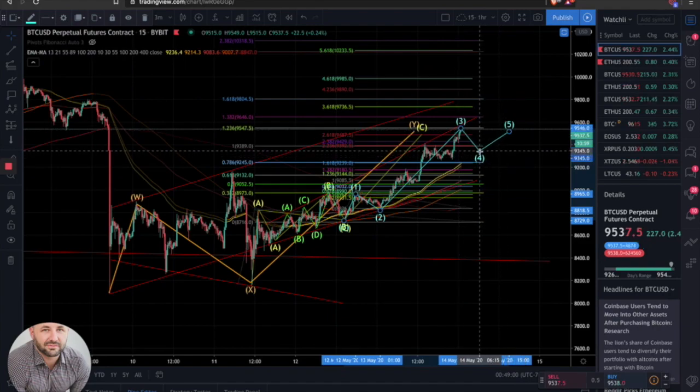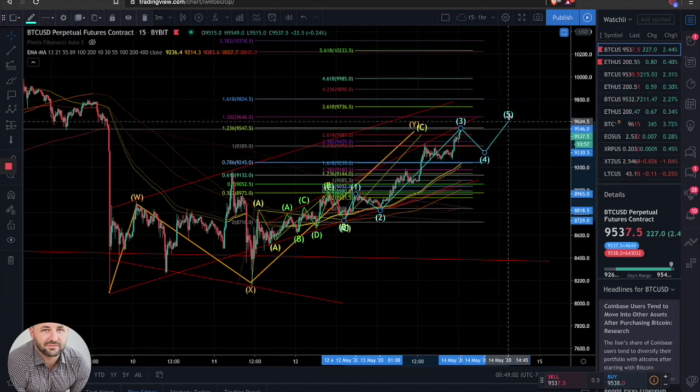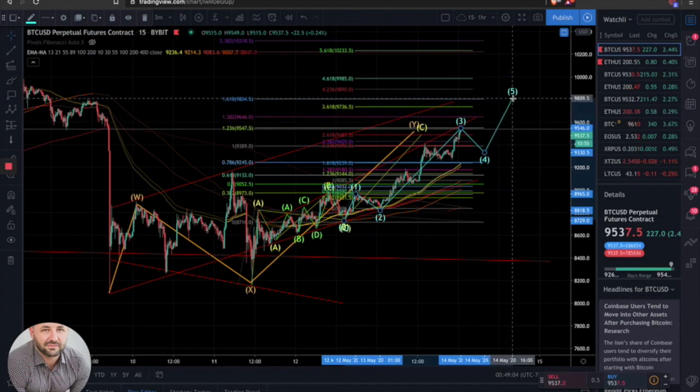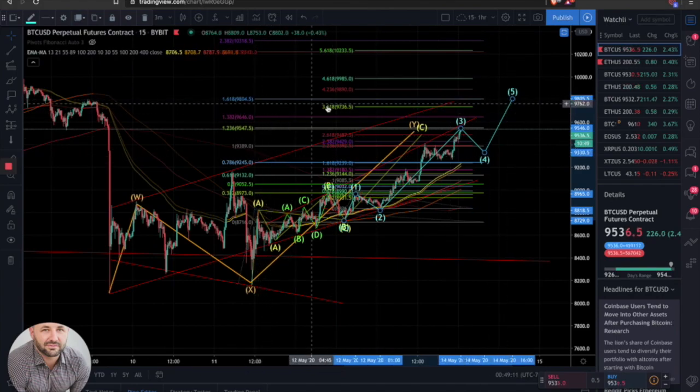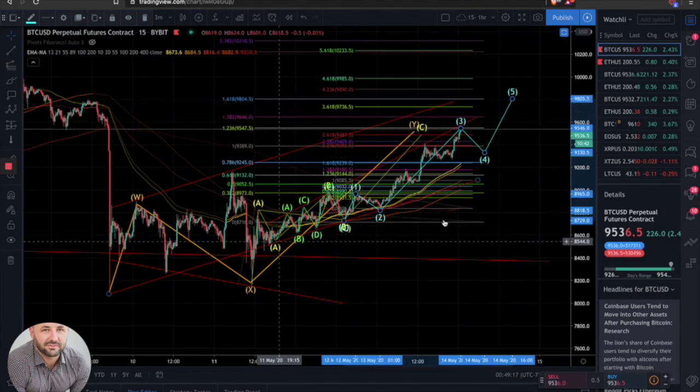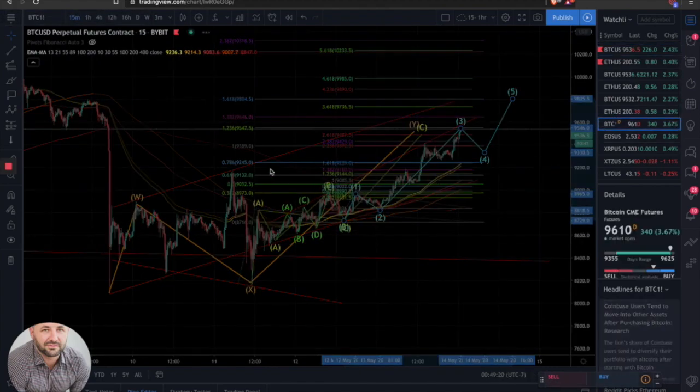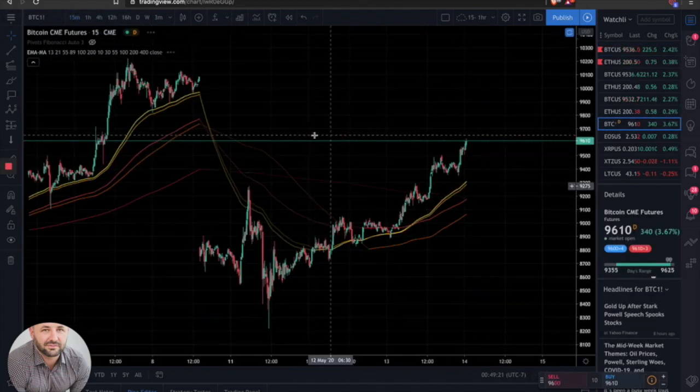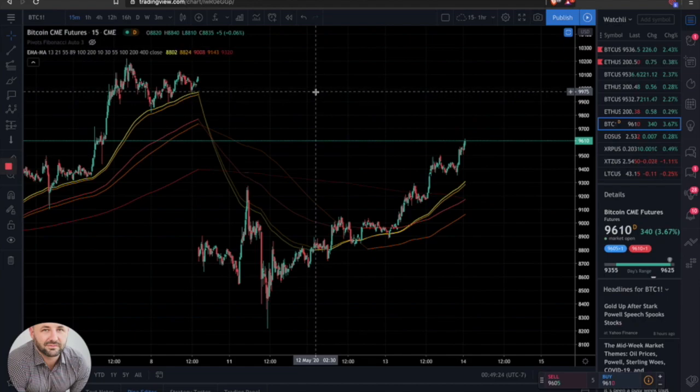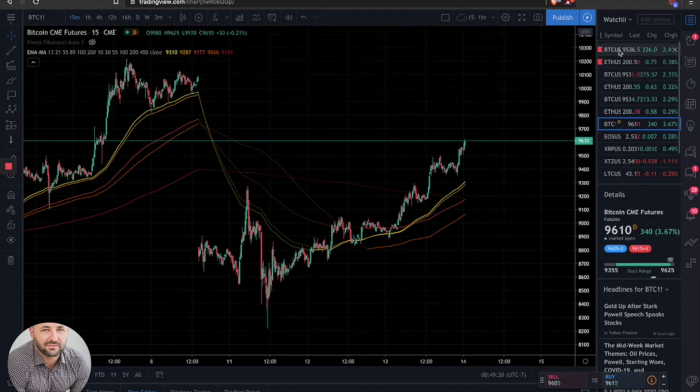We can potentially come back down for a 4th and then one more 5th up to get us to that 1.618 mark, somewhere within there. That would get us up pretty close to closing the gap, I think. Let's look at the CME gap here. Yeah, it'd get us pretty close, about 10,000 again is where we'd have to get.